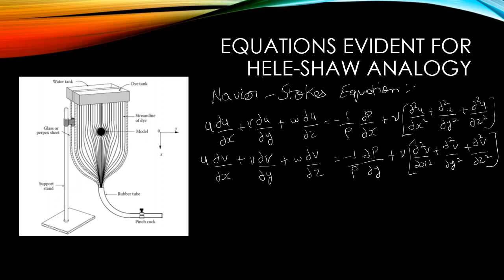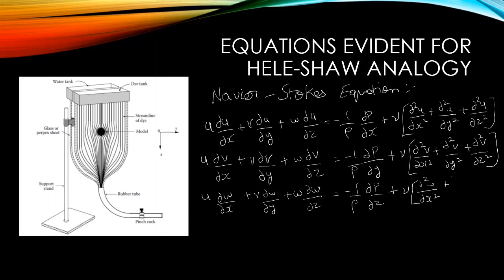So this is your Navier-Stokes equation, and then you are going to write the z equation, the z momentum equation. So it is u times dou w by dou x plus v times dou w by dou y plus w times dou w by dou z equals minus 1 by rho dou p by dou z plus nu times dou square w by dou x square, dou square w by dou y square, dou square w by dou z square.